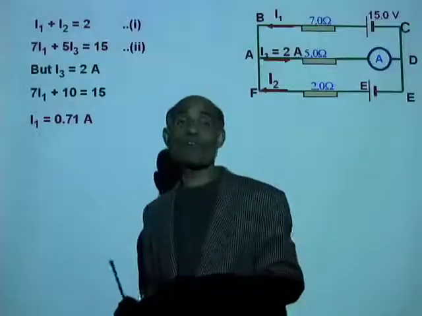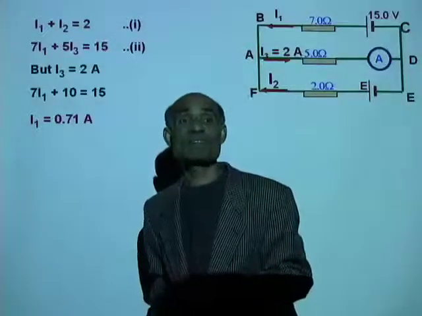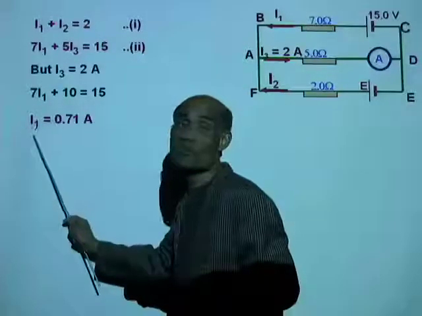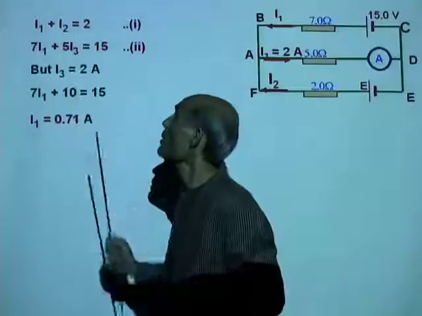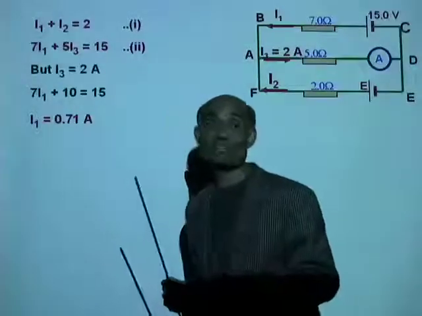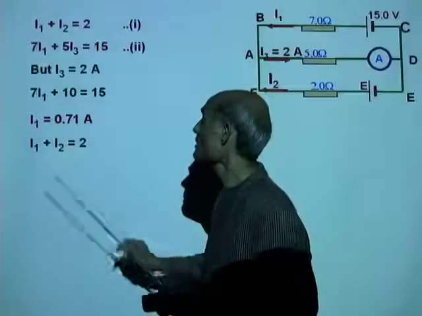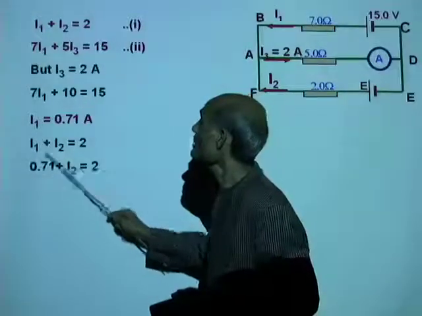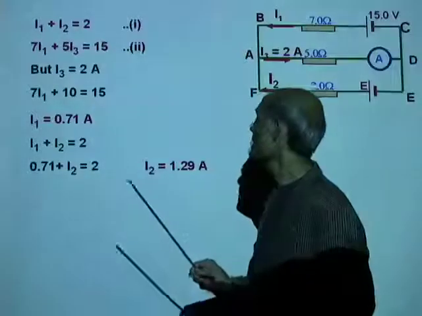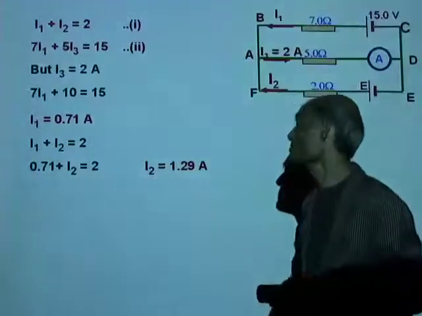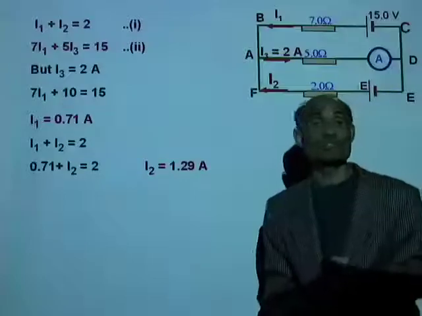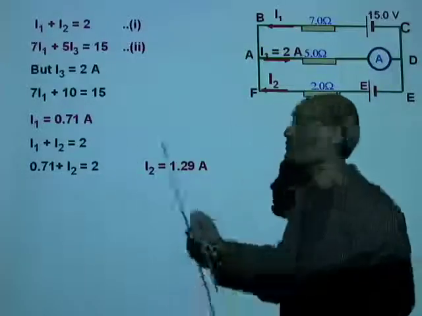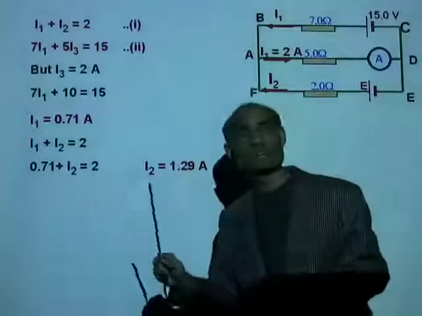And solving for I1 gives me I1 is 0.71 ampere. If you now know I1, you can go and solve for I2. So I1 plus I2 equal to 2. Therefore, 0.71 plus I2 equal to 2, or I2 equal to 1.29. That was a very simple problem, because one of the currents was given to you.